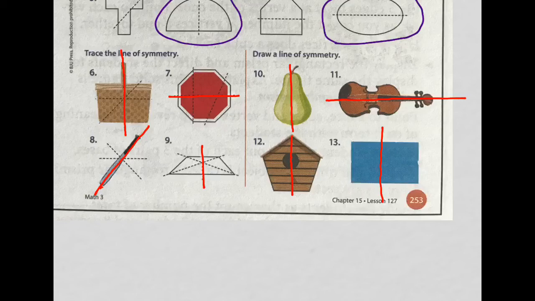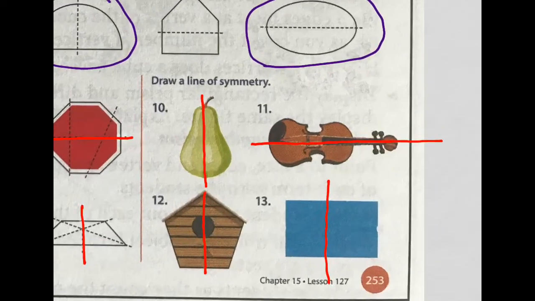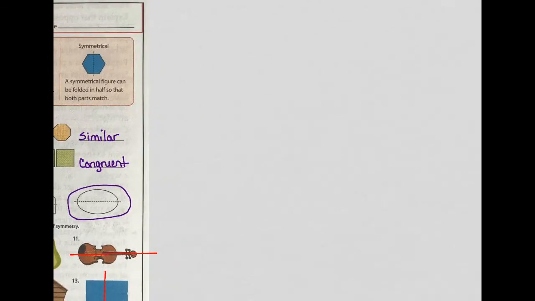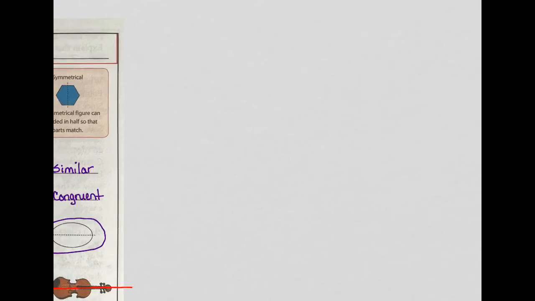Now, I need to remind you for numbers 14, 15, 16, 17, and 18, when you have long division, let's just take a look at number 14. They have 7 goes into 14, or you could say 14 divided by 7. What you do is you say, does 7 go into 1?